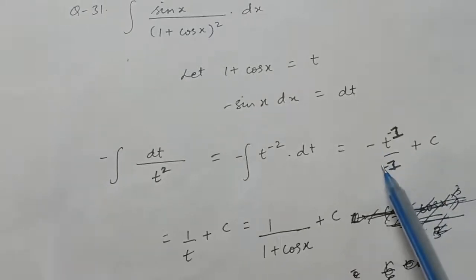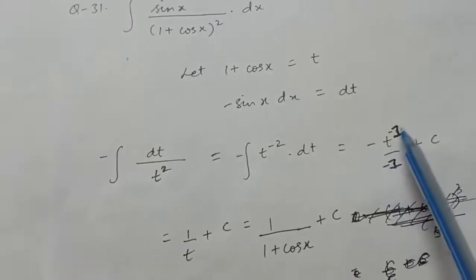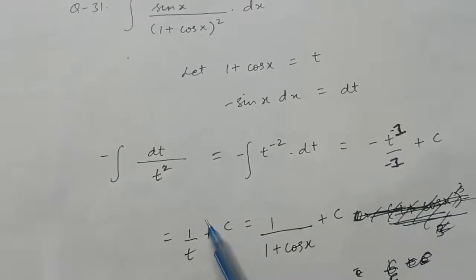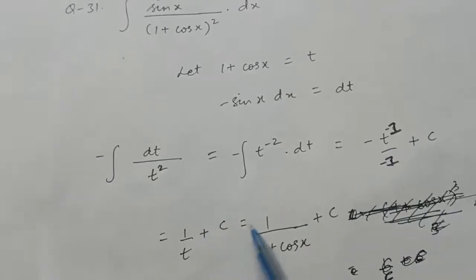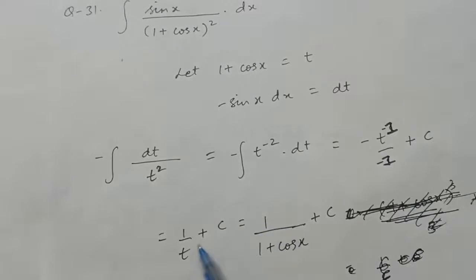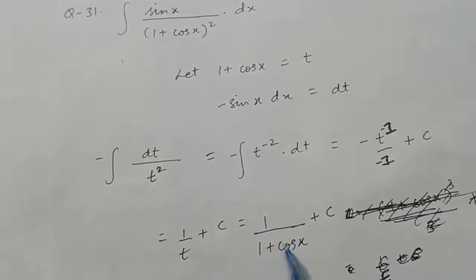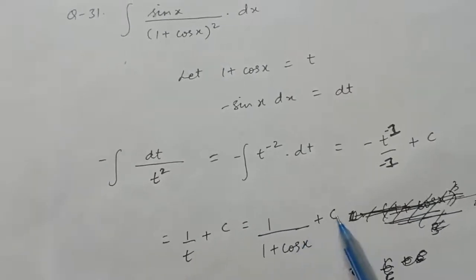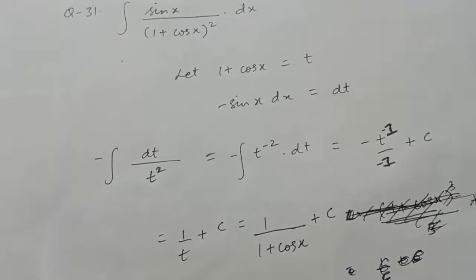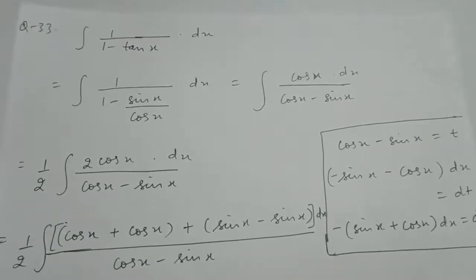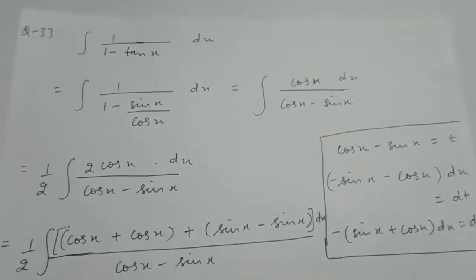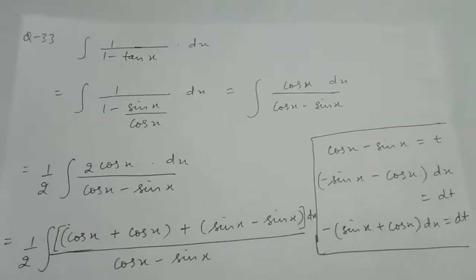Now minus minus will get cancelled, and this t raised to the power minus 1 will be 1 by t plus c, equal to 1 upon, in place of t again put the value 1 plus cos x, plus c. Clear?